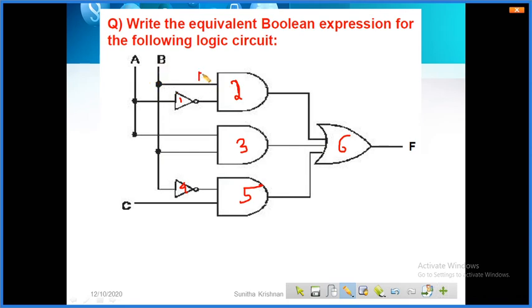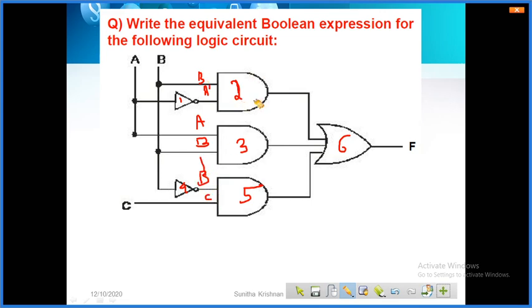The input here will be B, and since A is passed through an inverter, the input will be A dash, and here it will be direct A. Here you will get B, and here again B dash, and here you will get C.